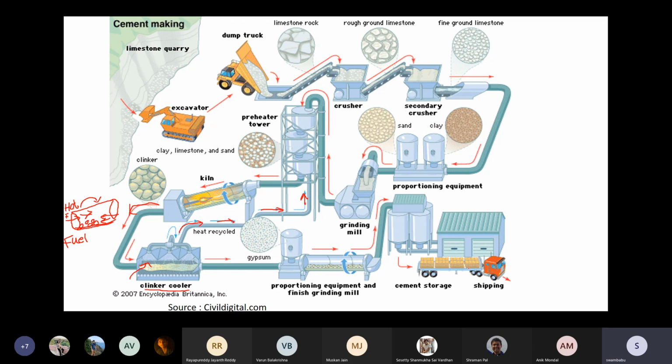All the things here, except the clinker cooler and the preheater, are simply what we taught you in the mechanical operations course: crushing, grinding, silos, mixing, and kiln. All these are very simple processes. So this is about the cement production process.